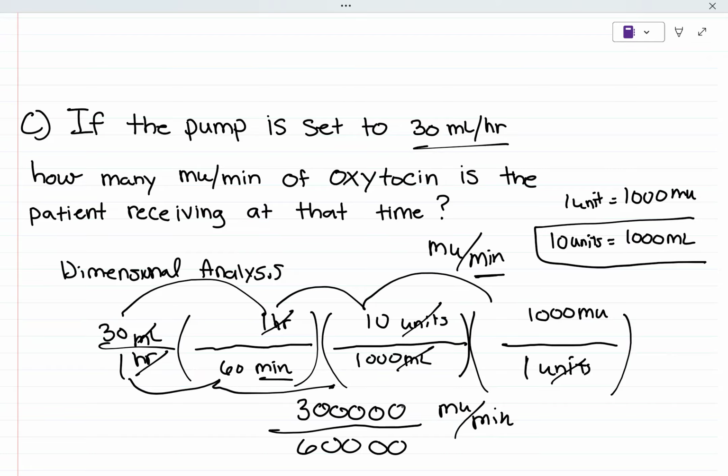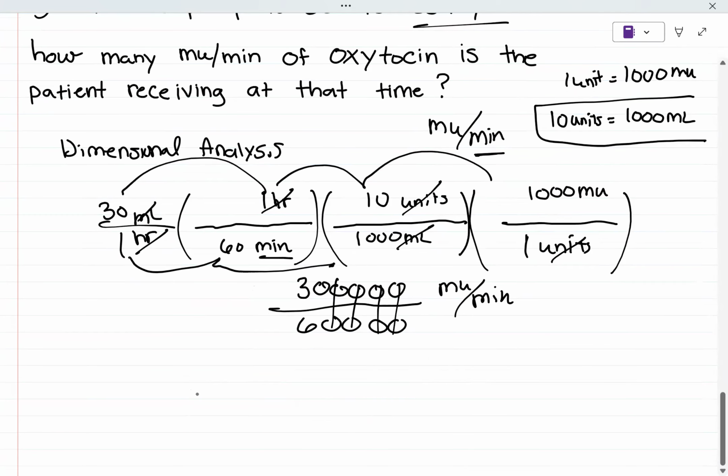And what happens is some of these zeros cancel out. 30 divided by 6 is exactly 5. So you're left with 5 MU per minute. And our units are correct, right? We want MU per minute. And that's it.